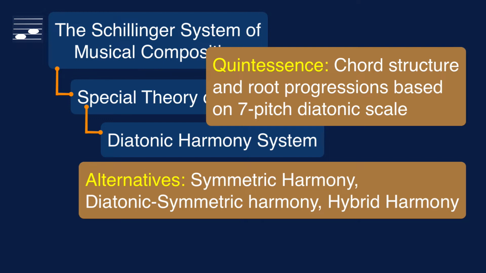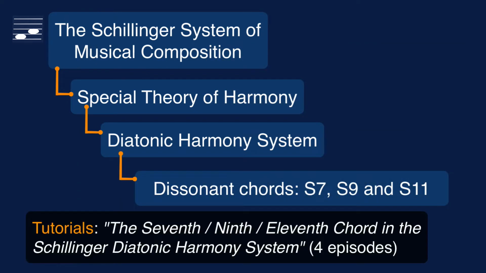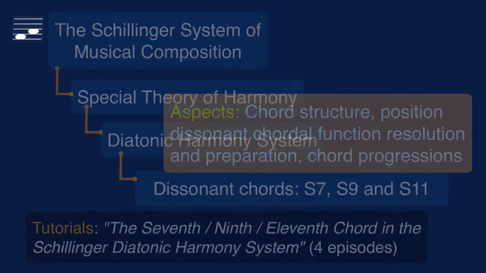On my channel you will find these subjects covered in other episodes. In diatonic harmony, the dissonant 7th, 9th and 11th chords need careful treatment. These chapters from the book discuss the chord structure and position, and preparation and resolution of the dissonant chordal functions, as well as the creation of chord progressions.